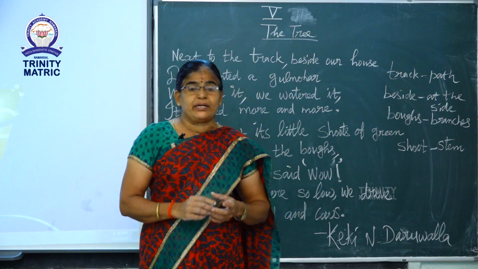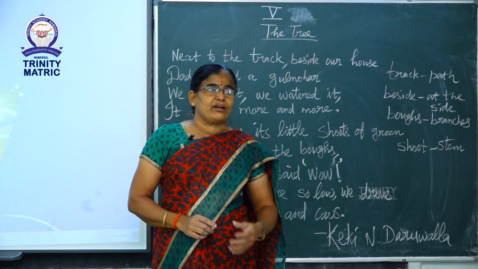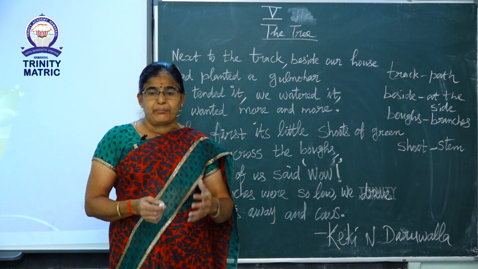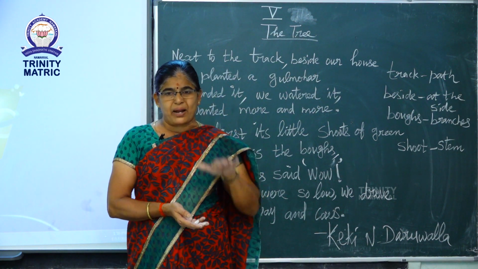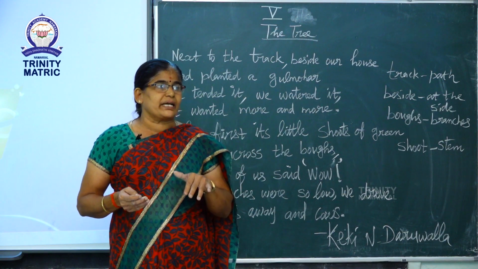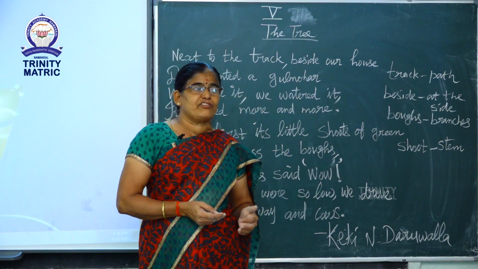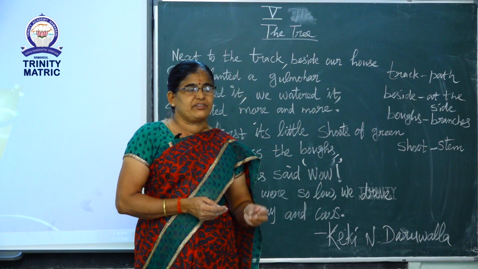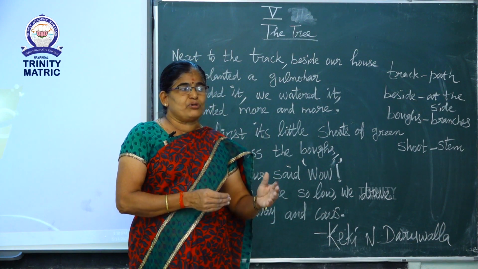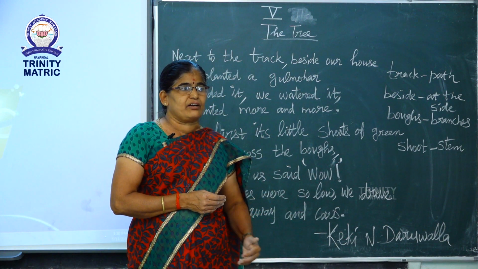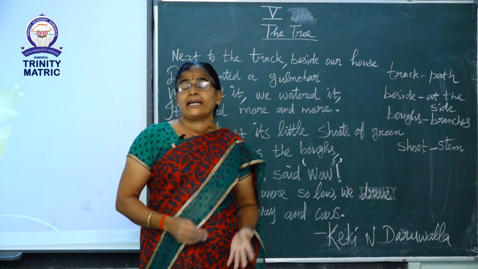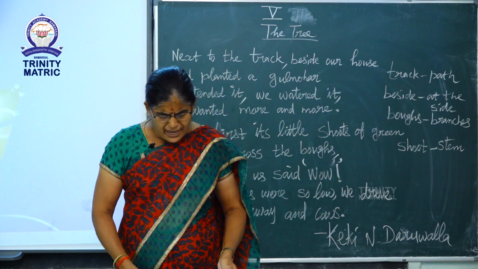A baby tree, just as we take care of babies, a baby plant needs more care. How we take care of our baby when it is a child, how you are feeding it, how you are taking care of your child, like that you should take care of the baby plant.